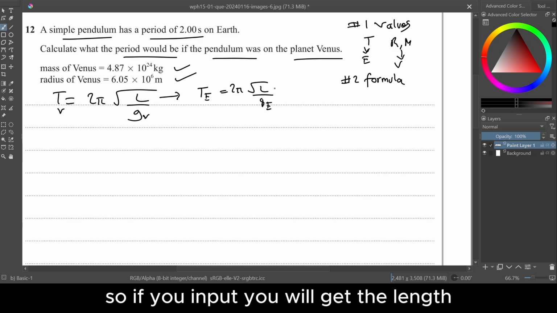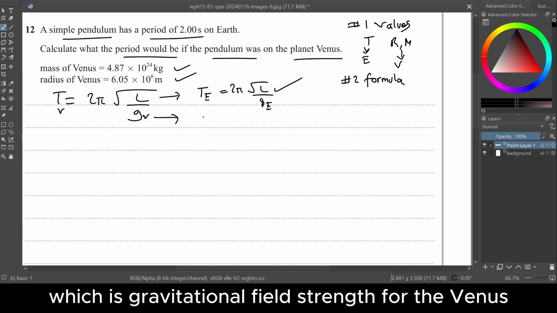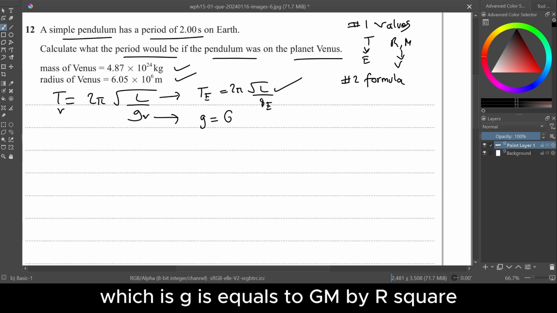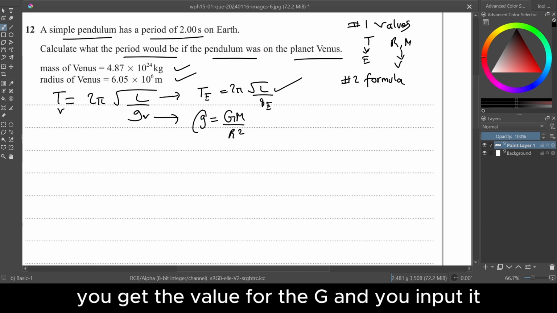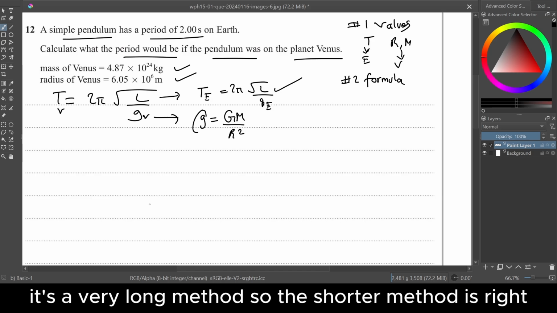So if you input, you will get the length, and then you will input the length and find GV, the gravitational field strength for Venus. You will use the gravitational field strength formula, G equals GM by R square. You input the values, you get the value for G, and you input it, and then you will get TV. So as you can see, it's a very long method.